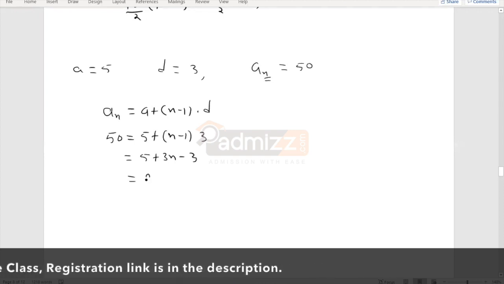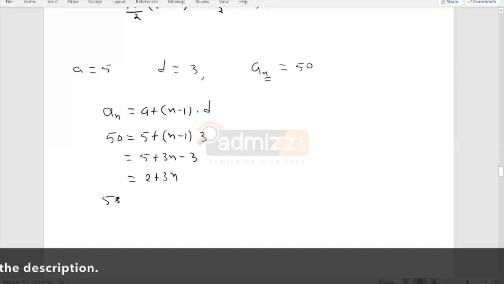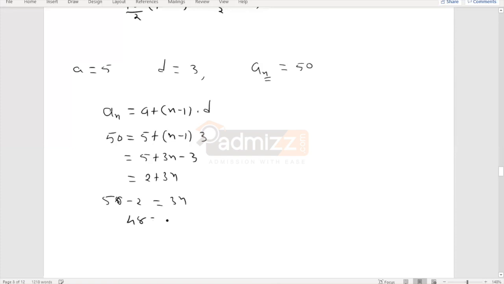So now 5 plus 3n minus 3. 5 minus 3, this is 2, plus 3n. 50 minus 2 equal to 3n. 48 equal to 3n. This means that n equal to 48 divided by 3. So what happened?